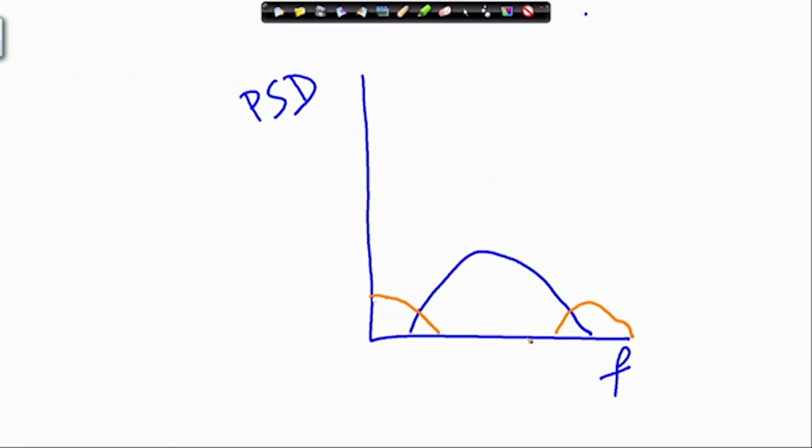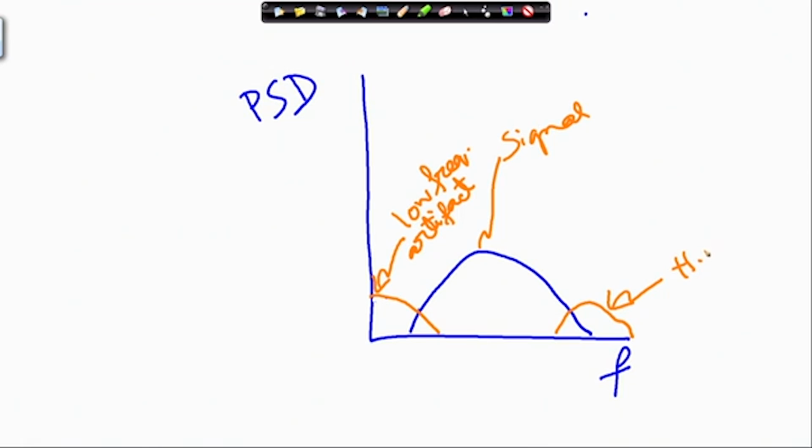So, this is for the signal, this is for the low frequency artifacts, this is the high frequency artifacts, and we can have one contribution of the power frequency.